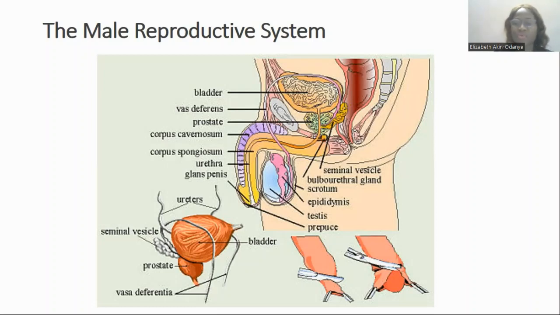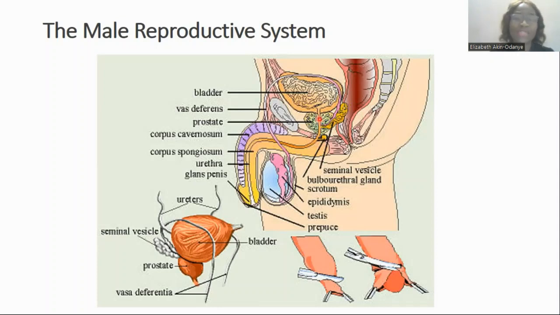Then the urethra goes through the penis. That's the urethra. You see the tube goes through the penis. So it serves like, say, in terms of plumbing, the way the pipe passes from the tank to other areas.